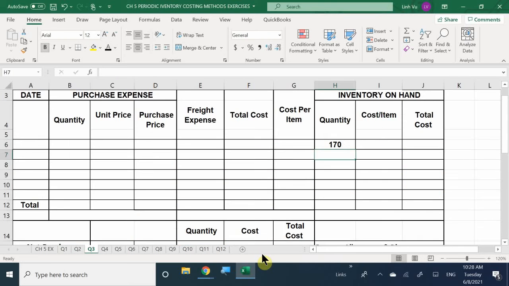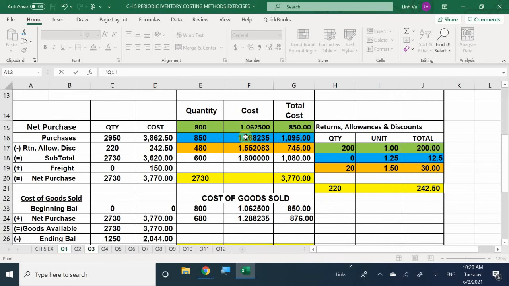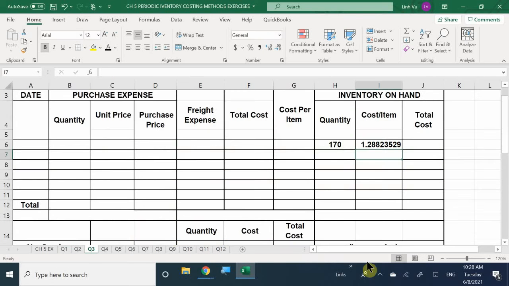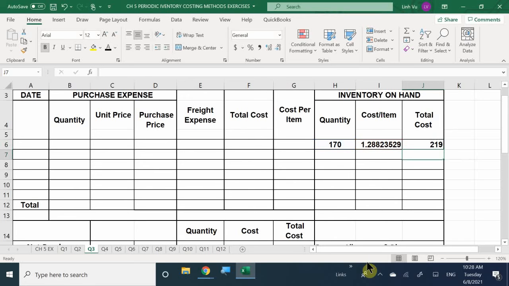So we should have 170 available at my unit cost, which should leave me a grand total of 219 left.